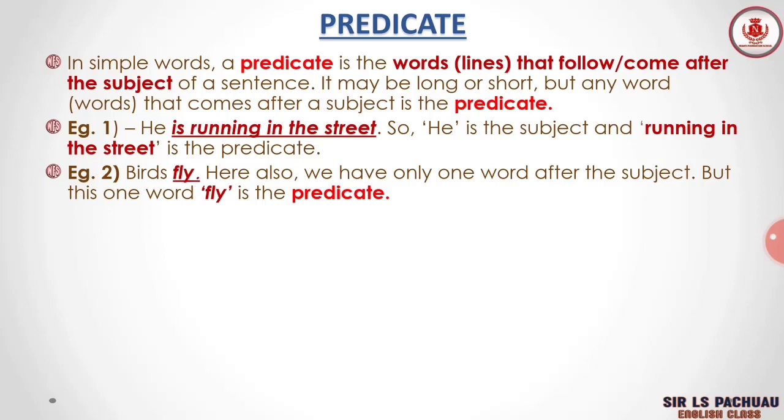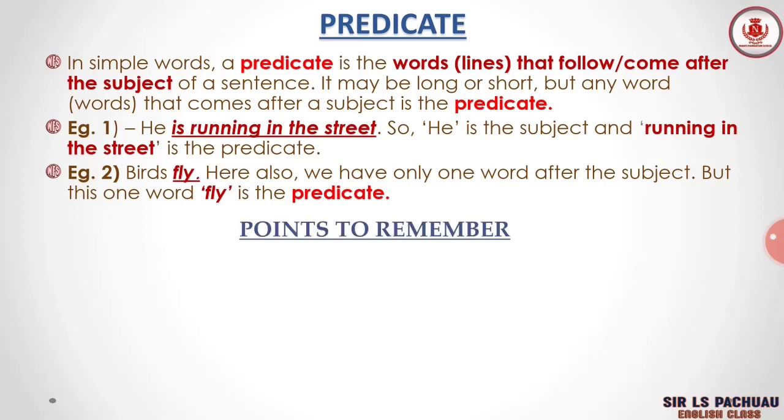In example number 1, is running in the street comes after the subject he, so it is the predicate. In number 2, only 1 word comes after the subject birds, so even if it's only 1 word, it's still a predicate. It can be a very long line, but if it comes after the subject, it will always be a predicate.